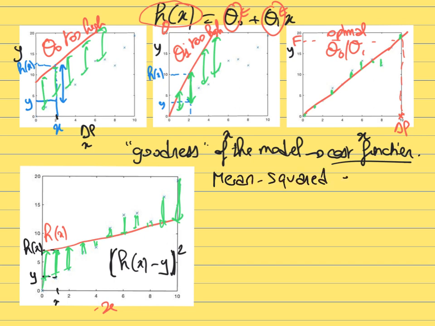The mean squared error, typically written as MSE, calculates the average square difference between your model and the true data. So what you do is you calculate the square difference between your model and the true value for each feature x, which will be the case for each training example.